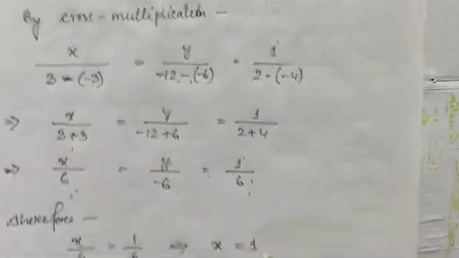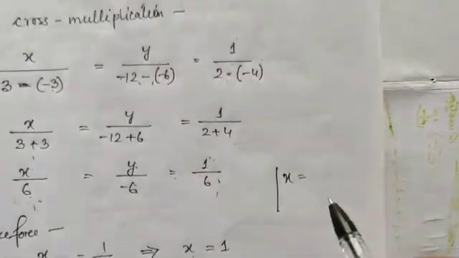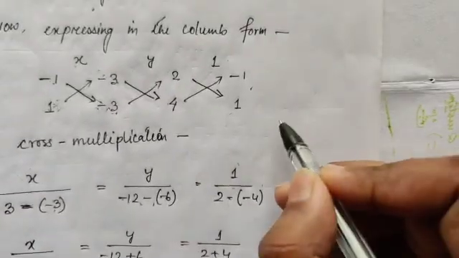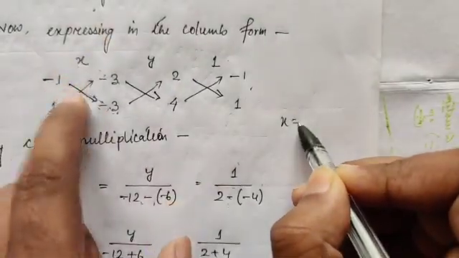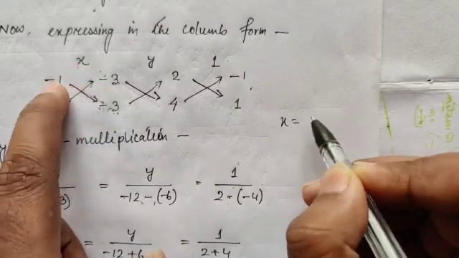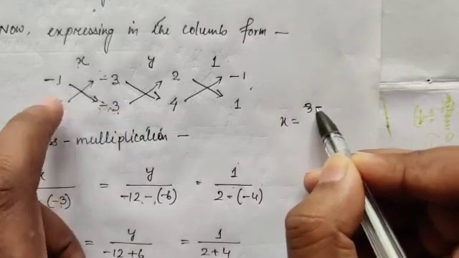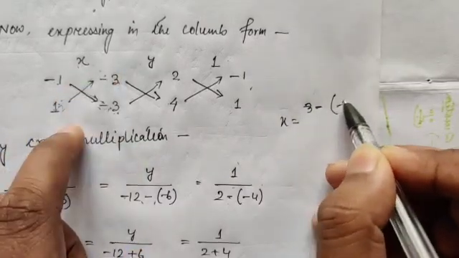Or directly you can find x in this way also. First you write the cross multiply answer for this x part. So -1 into -3, that is 3, always there will be minus, so 1 into -3, -3.